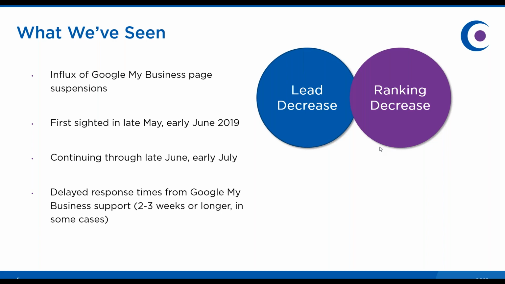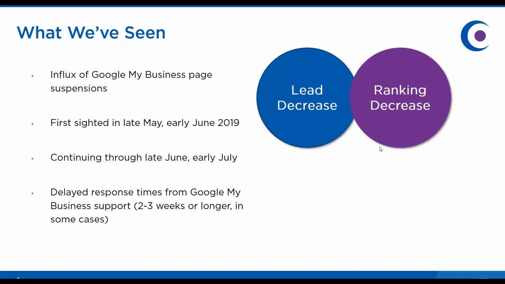You also get plenty of visibility and leads directly in the Google organic search results from your Google My Business listing. Having that listing suspended, again, can mean lead decreases. That's a source of leads that is going away if it's suspended.